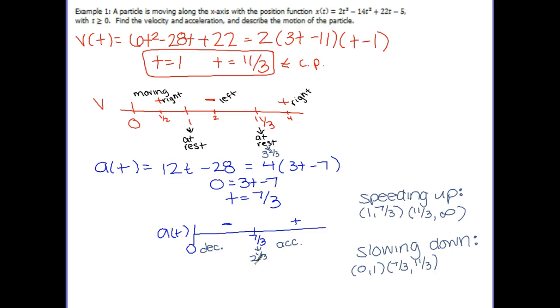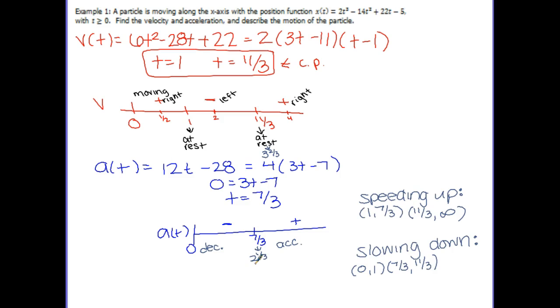Do we know where the particle started? 0. -5. So don't forget to check your endpoint if it asks you furthest to the left. So this particle started 5 units to the left, went to the right, and then went back to the left.